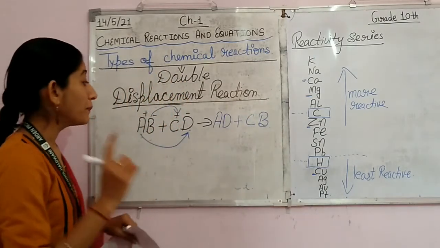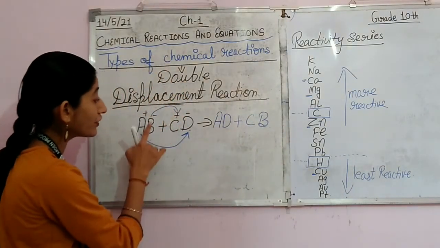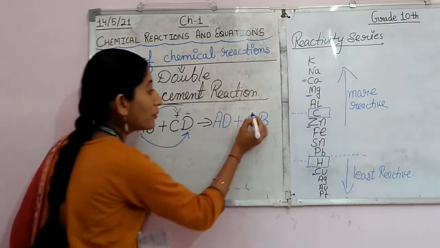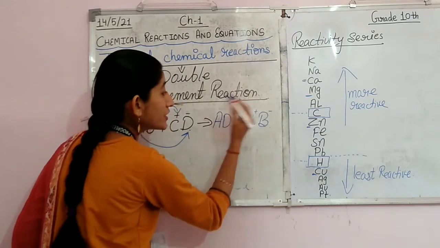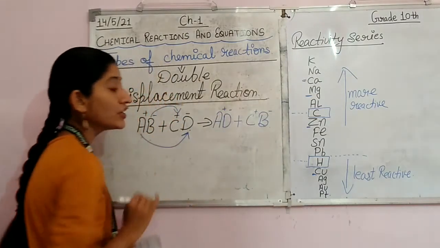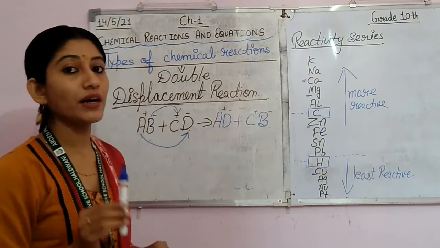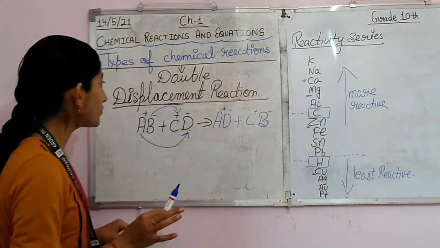Why CB? Because C is positive and B is negative, and for forming a compound we put the positive charge first followed by the negative one. So in this way the products form. I hope it is clear to everyone.